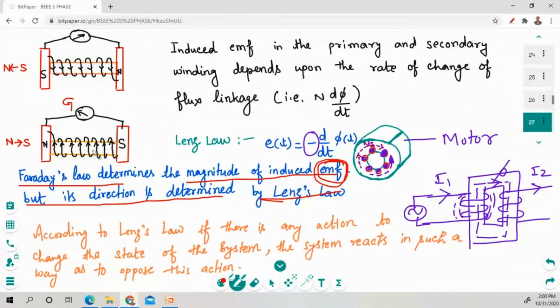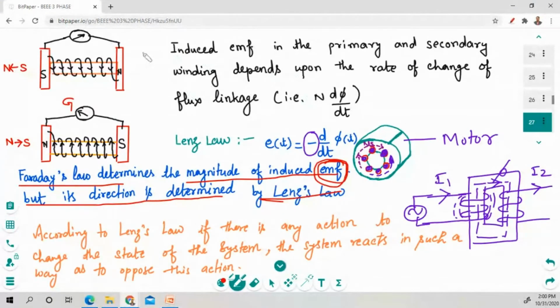As you can see right here, when we connect these wires across the north and south poles and check using this galvanometer, you will find that the current is flowing from south to north, but the direction of the EMF is negative.